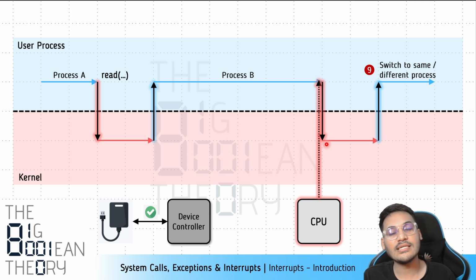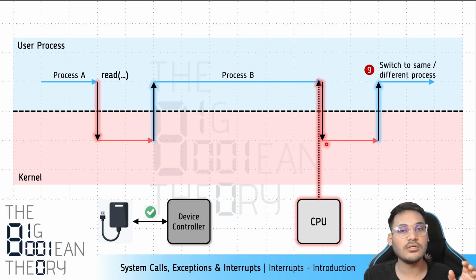Whatever is the case, eventually process A will get the CPU after some time. If not this time, after some time, the control will be given back to process A, then it can consume the data that it had requested. So the point is that after handling the interrupt, the operating system will call the scheduler, which we will study in the upcoming videos, which is basically a piece of software that selects the user process that should be allocated the CPU next.